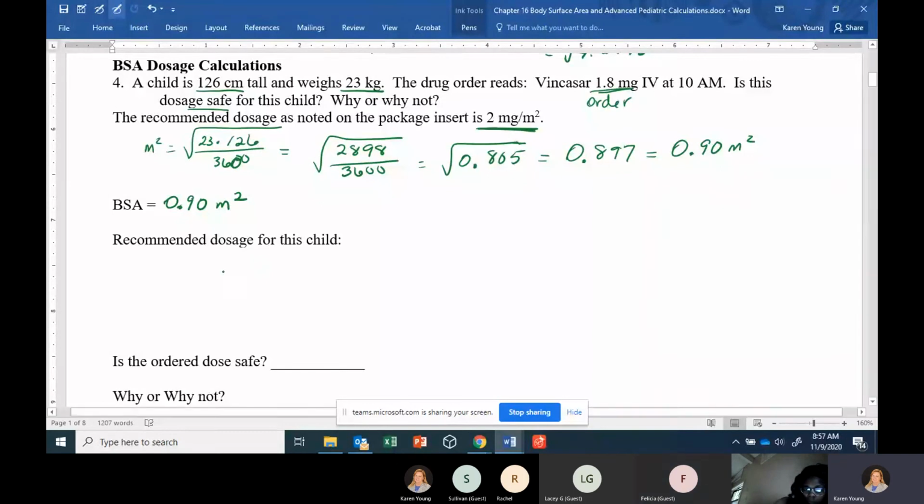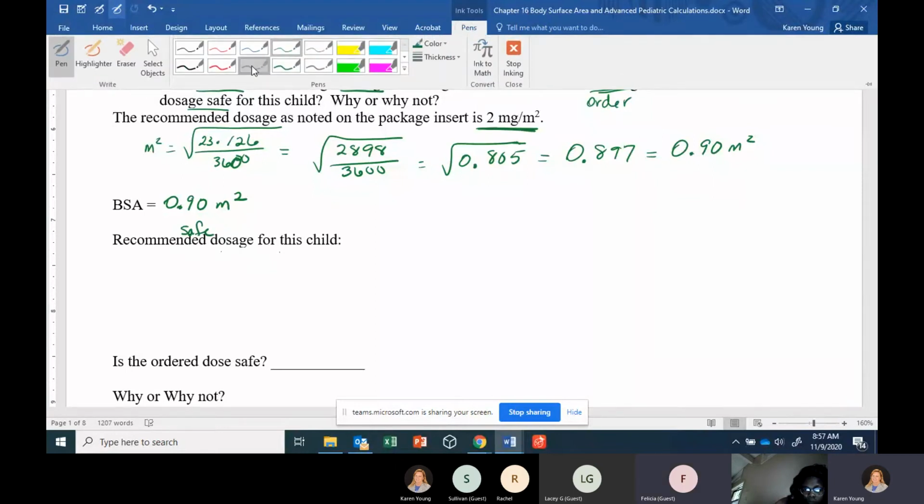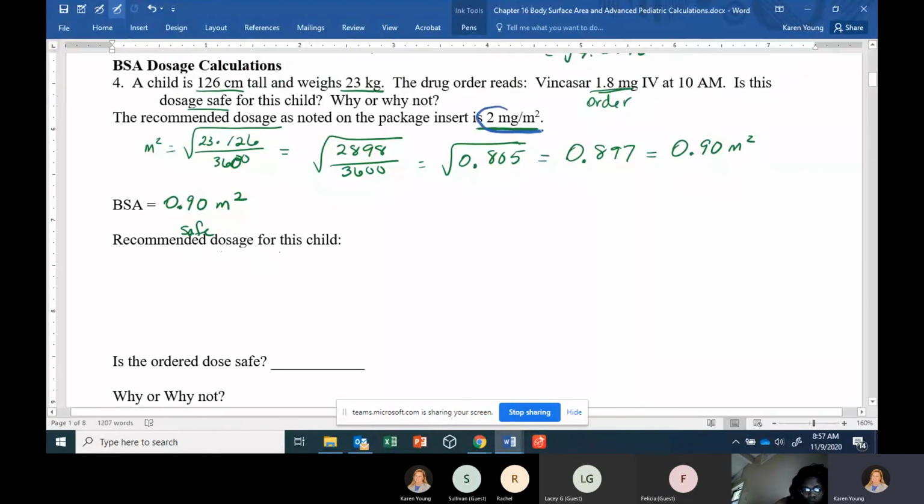Okay. Now, to find the recommended safe dosage for this child, I'm going to use my 2 milligrams per meter squared and my BSA.